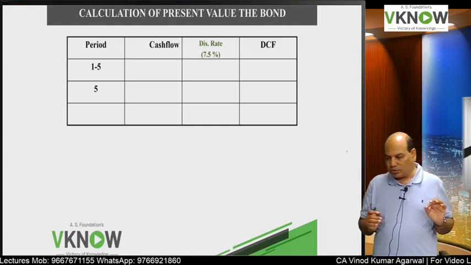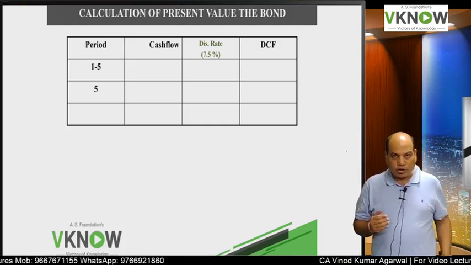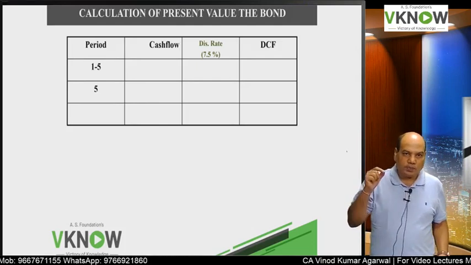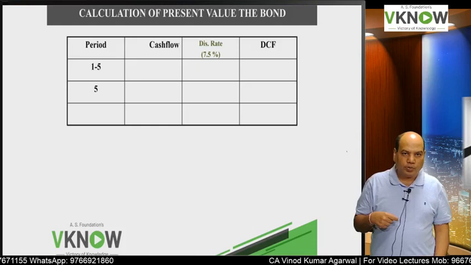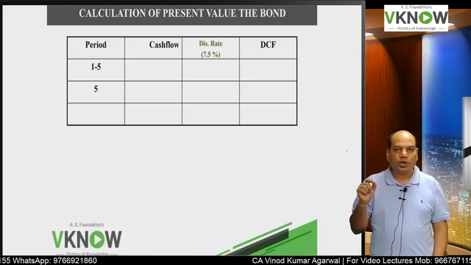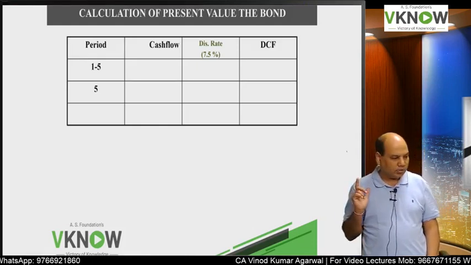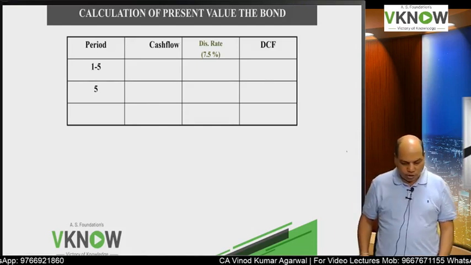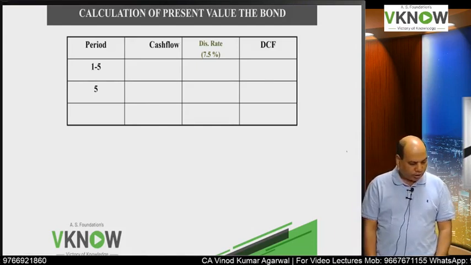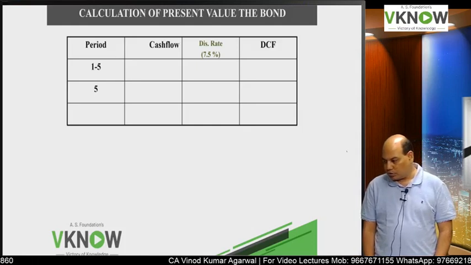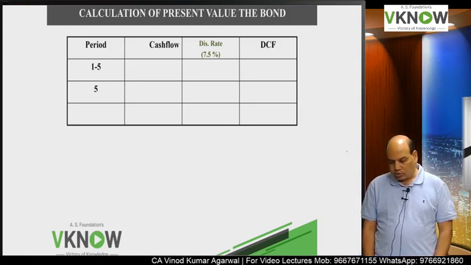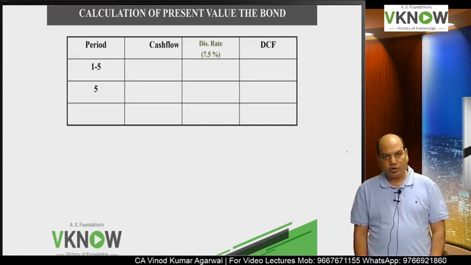So for the same question, now I am going to calculate the revised value of the bond using a 7.5% discount rate. You can write in the notebook or in book paragraph 31, wherever you please.